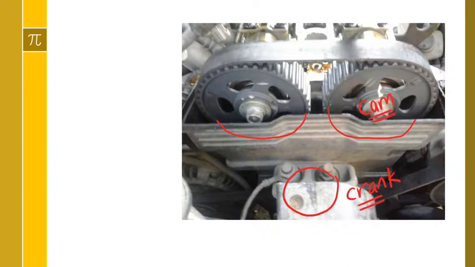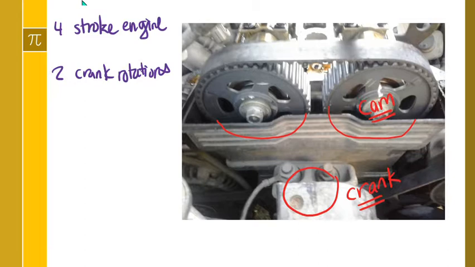So we're going to go a little vintage here and think about a 4-stroke engine. In order to get 4 strokes, what do I need to happen? I need the piston to go up and down twice, right? So that means I need 2 crank rotations.